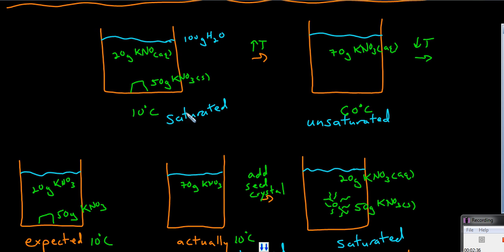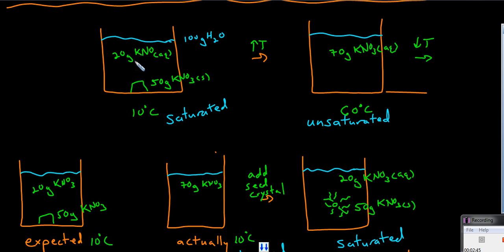So we see that there is this relationship between how much can dissolve and the temperature. Consider a case in which we're at 10 degrees Celsius and we have 100 grams of water. We have a saturated solution where we're only able to dissolve 20 grams of potassium nitrate, and we might have, say, 50 grams left over undissolved at the bottom as solid.